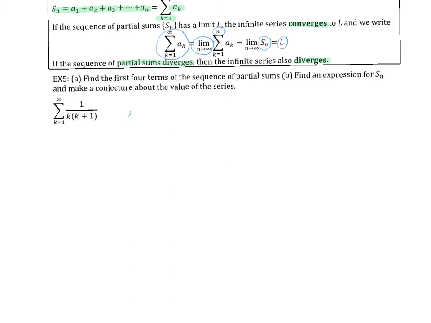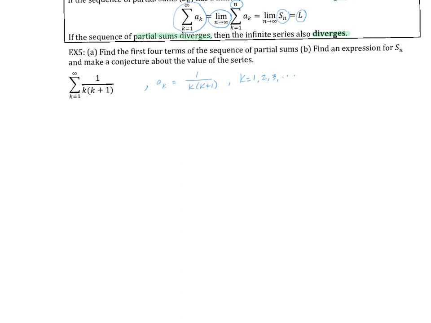So our sequence, our A sub k, is 1 over k times k plus 1. And here our k values are starting at 1, 2, 3, and so on. So the first four terms of the partial sums would be S sub 1 equal to A sub 1. That's just 1/2.